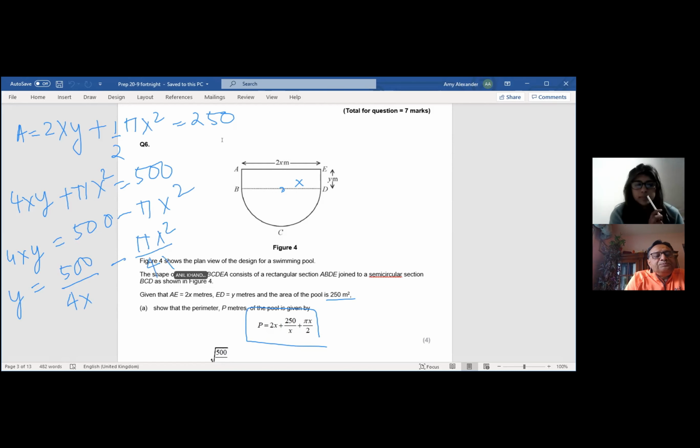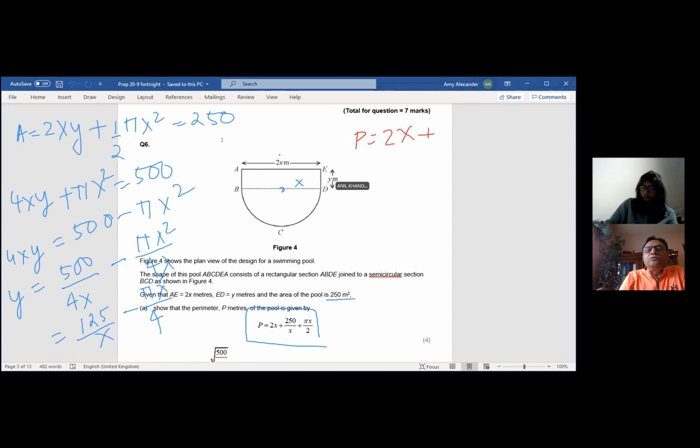So 500 divided by 4x gives you 125 over x, minus pi x over 4, 1/4 of pi x. So you get this value of y, correct? Perimeter is how much? This length is equal to 2x, plus 2 times y, plus the semicircle.